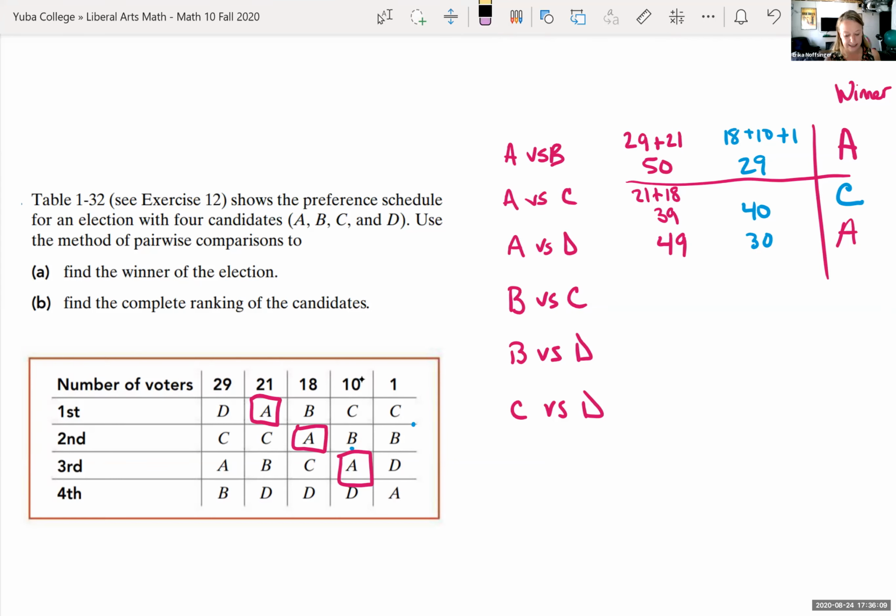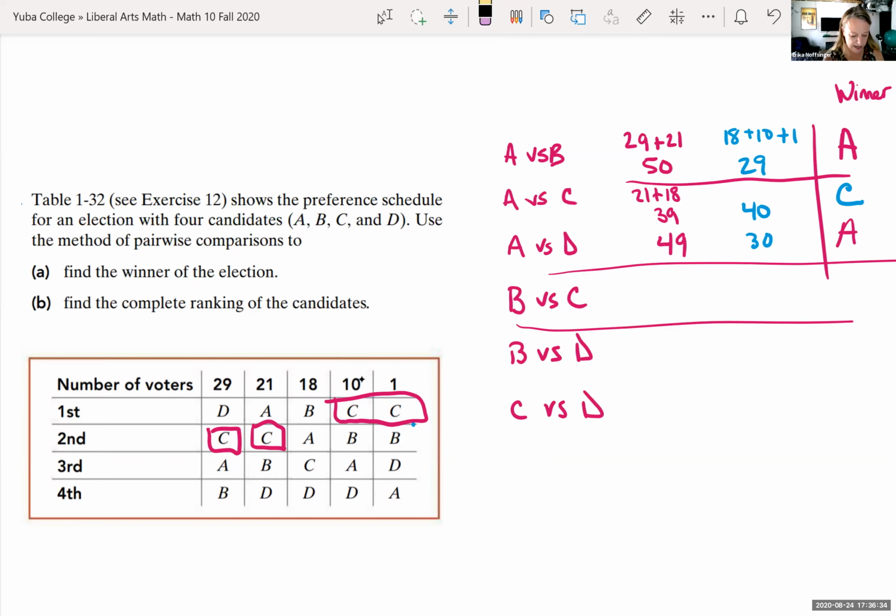So B and C. Okay, so out of the 29, B and C, C is the winner. C is the winner on the 21, B and C. B is the winner there. C is the winner and C is the winner. So for C, we have 29 plus 21.